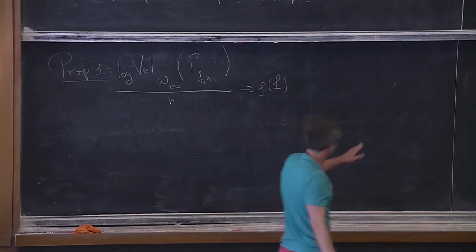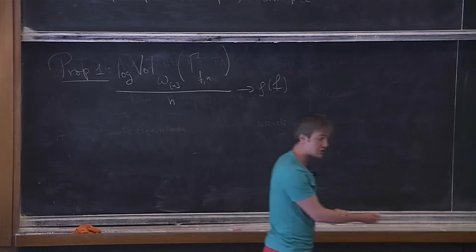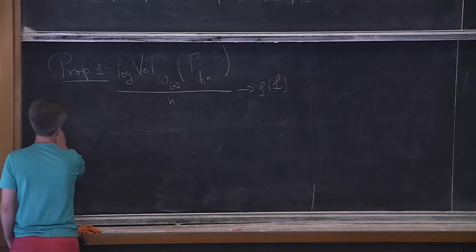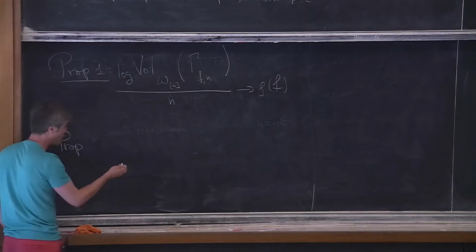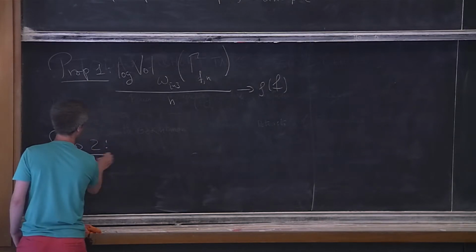Again, this is a fairly general fact, and the reason is that you can compute volume using just cohomology and not anything more complicated. So computing volumes for Kähler metrics is much easier than computing volumes for arbitrary Riemannian metrics.